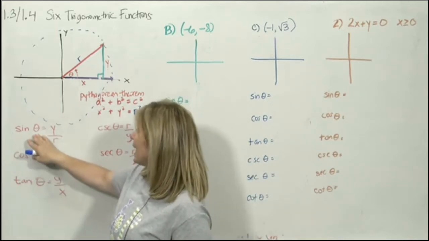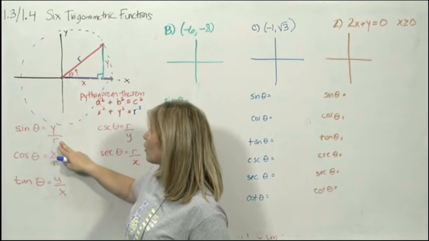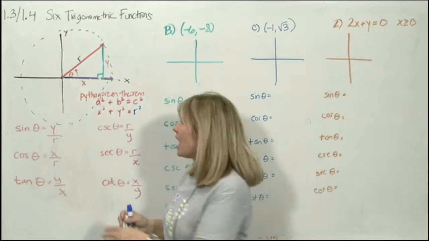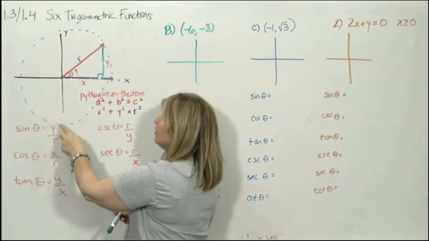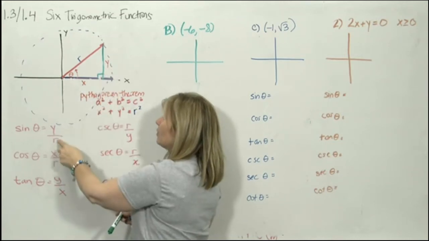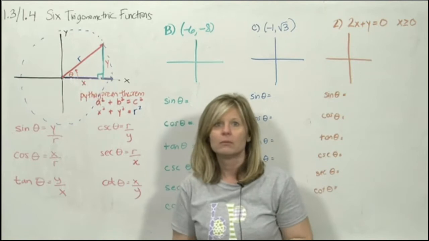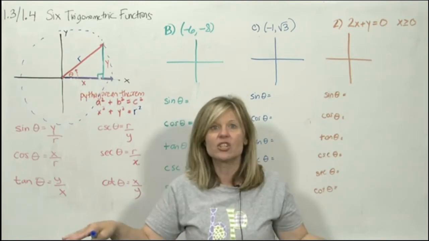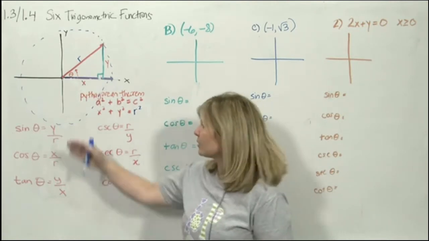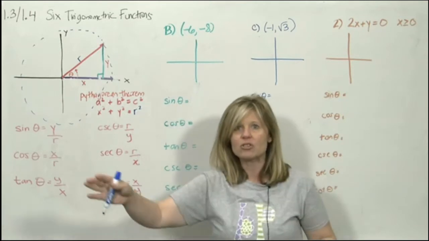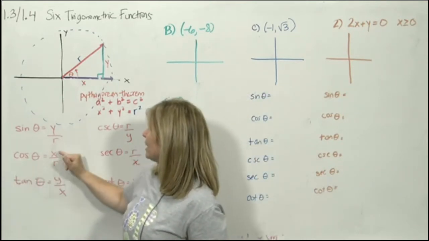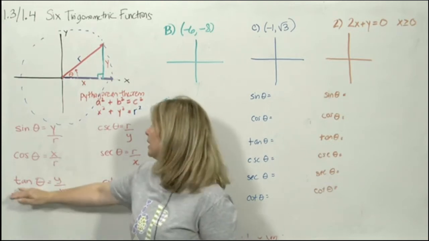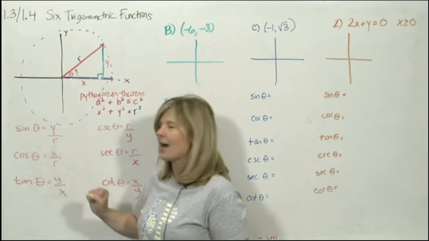The sine of theta equals y over r. So the definition of sine is it's the relationship between this acute angle and the side that's y and the side that's r. Don't question it. That's the definition. You got to accept it. Now you have to memorize that. We're going to use that the whole semester. Sine theta is y over r. Cosine theta is x over r. Tangent theta is y over x.